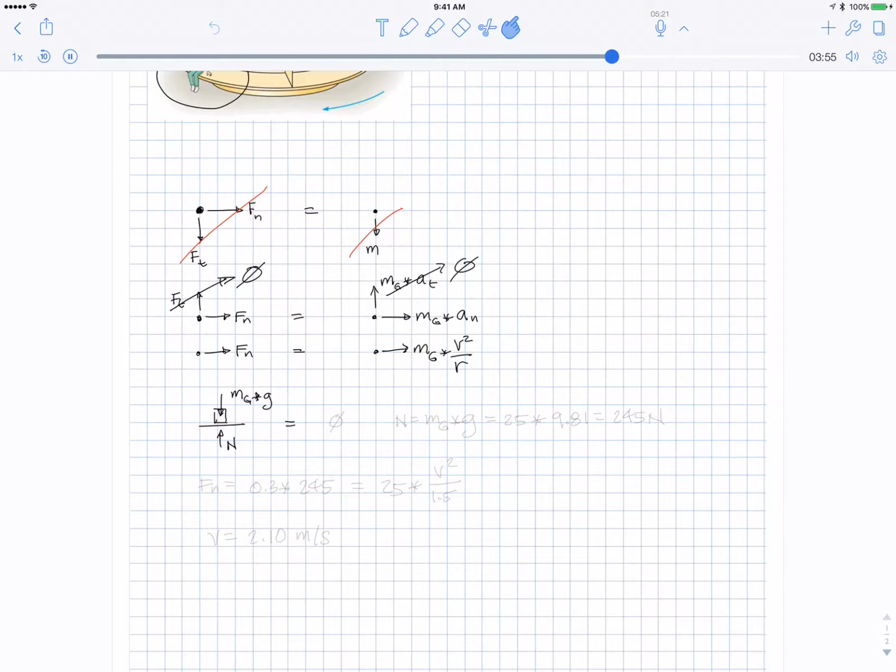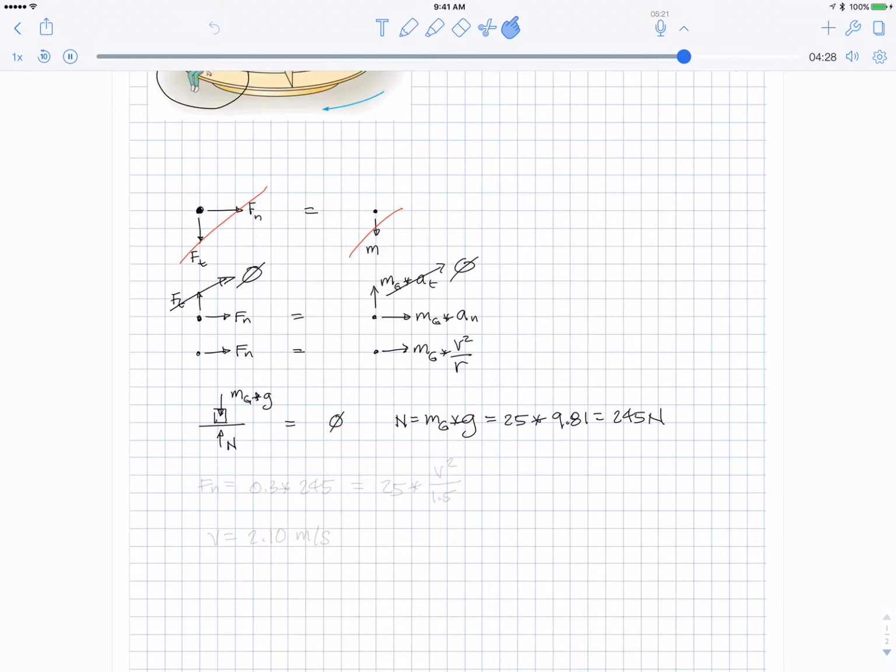And the merry-go-round is not moving up or down, so there's no acceleration in that direction. So as usual, the normal force in these kinds of situations is just the weight of the girl. I'm hoping we're given the mass, yes, 25 kilograms times 9.81, so that comes out to 245 newtons.